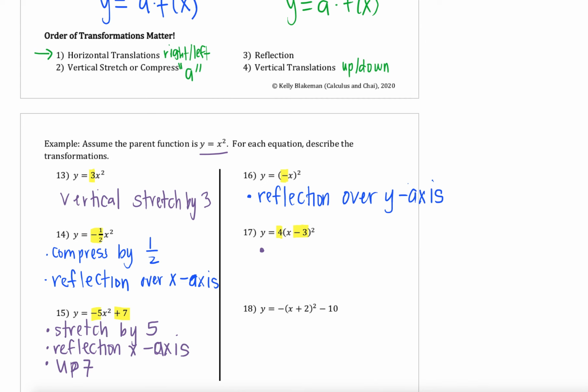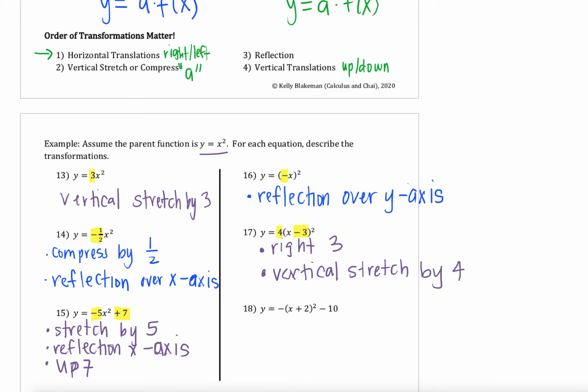And in this case, remember, our horizontal translations are x minus the number. So since the number itself here is a 3 that was substituted in, we are moving to the right 3. Now the 4 in front, that would be a vertical stretch since that value is bigger than 1. So we also have a vertical stretch by 4.